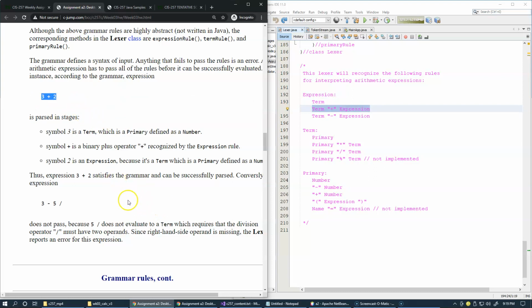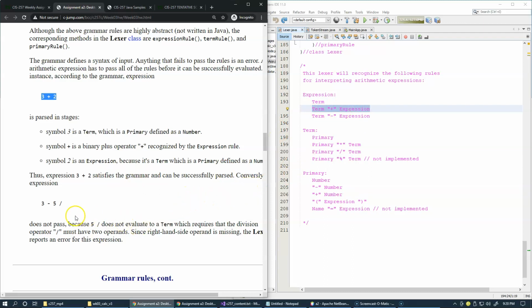So basically, this expression satisfies one of the rules that we can locate in our grammar, and that means a success.